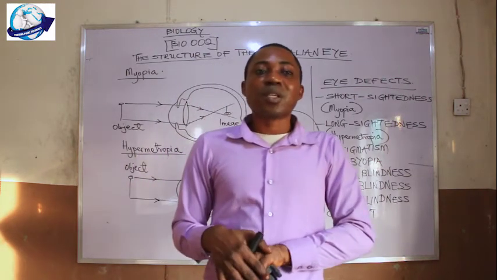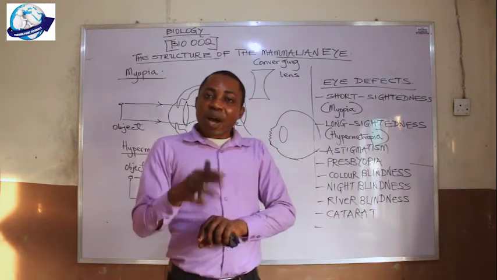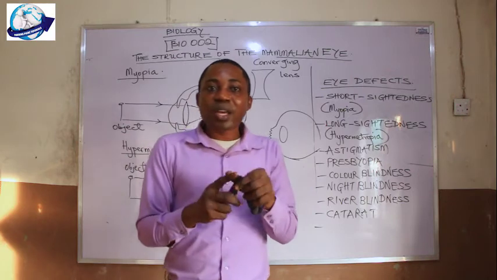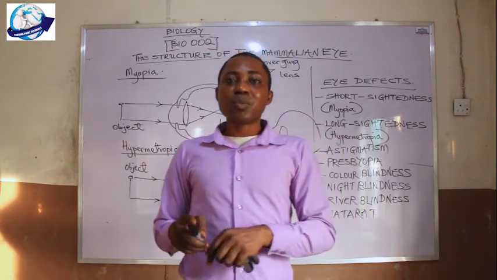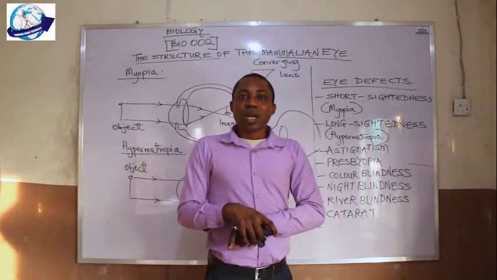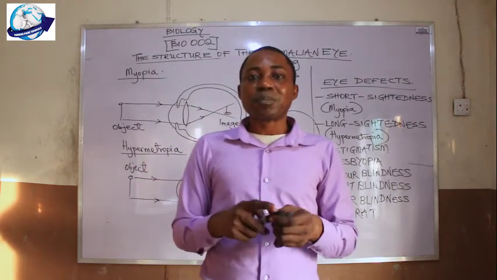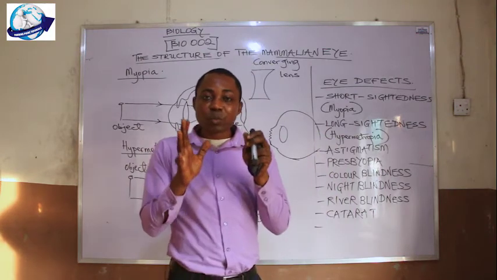One of them is avoidance: avoid exposing your eye to bright light. Too much bright light is not good. Then you should desist from exposing the eye to smoke.